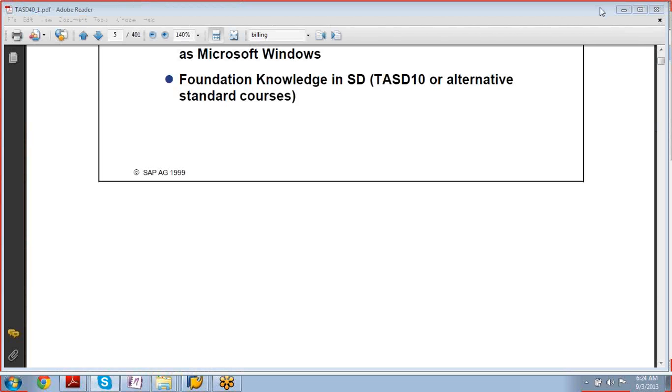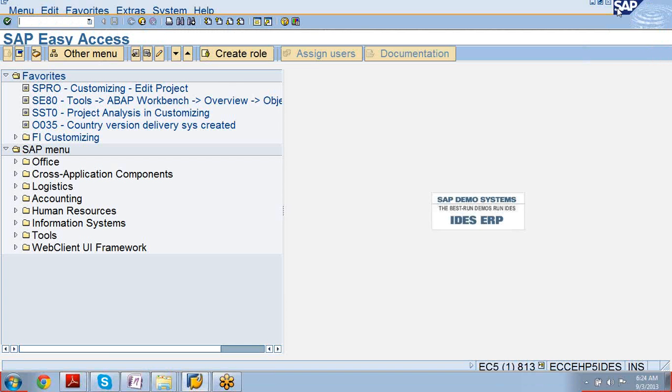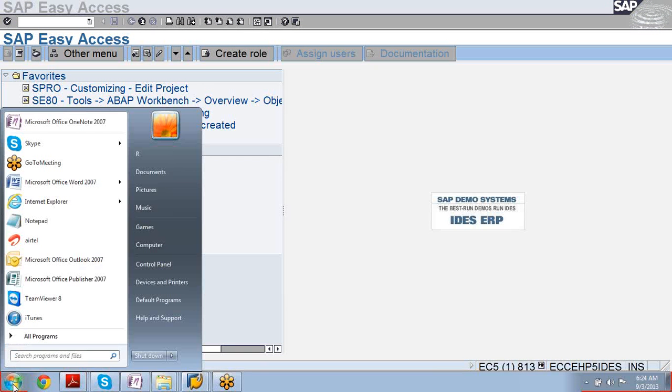Right. So we're discussing systems, applications, products. Coming to the systems part, what are systems generally? Systems: operating systems, database system, integration system.